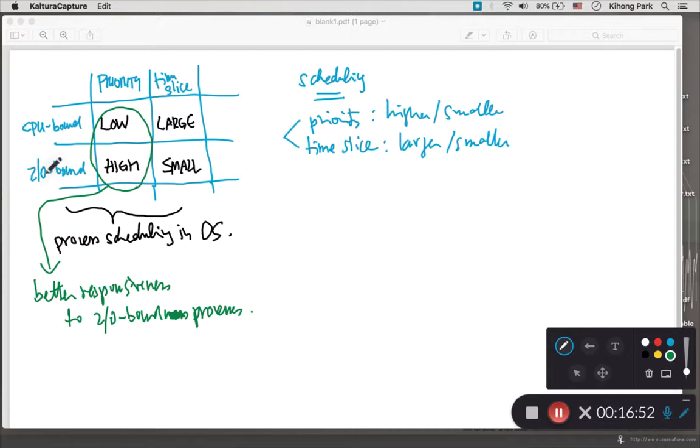So when an IO bound guy is blocking, but it becomes ready and it joins the other processes who are ready, by virtue of the fact that we gave this guy a high priority, suppose that many or all of the ready processes are CPU bound.